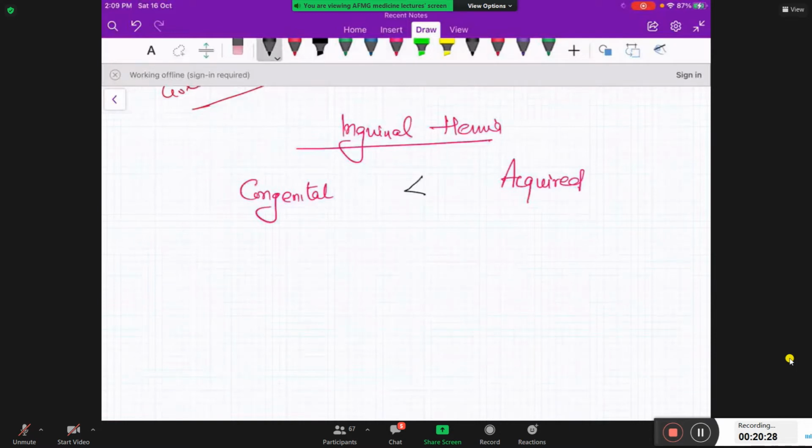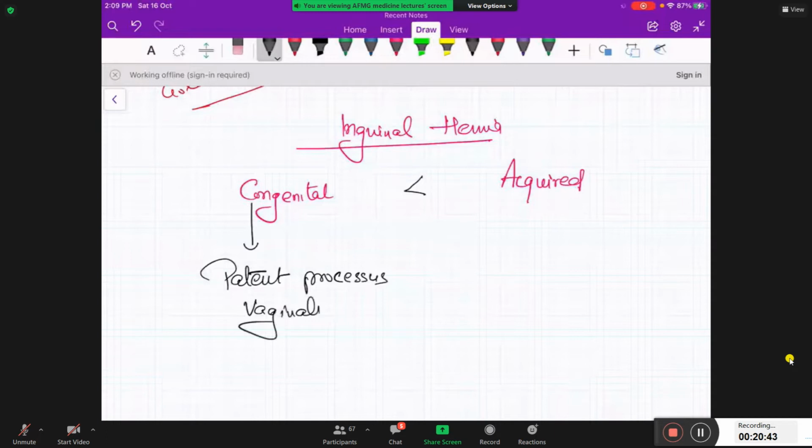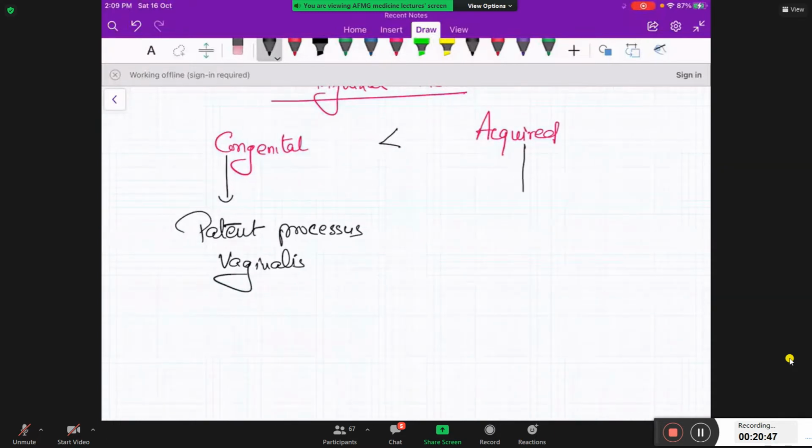Acquired inguinal hernia is more common than congenital. Congenital inguinal hernia is due to presence of patent processus vaginalis. What is the most important reason for acquired inguinal hernia? Weakness of muscles.